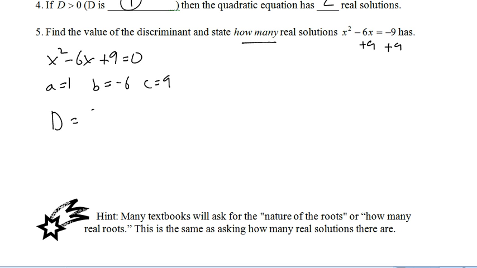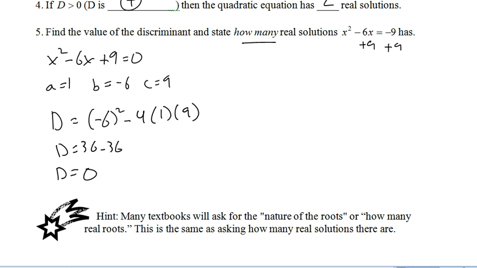Alright, so big D is going to give me negative 6 squared minus 4 times 1 times 9. D equals 0. If D is 0, I'm going to end up with plus minus 0, so it doesn't do anything, so I'm going to end up with only one real solution.